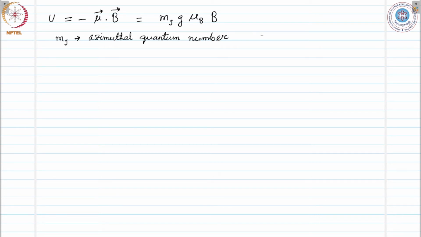And it can take values from J, J minus 1, up to minus J.